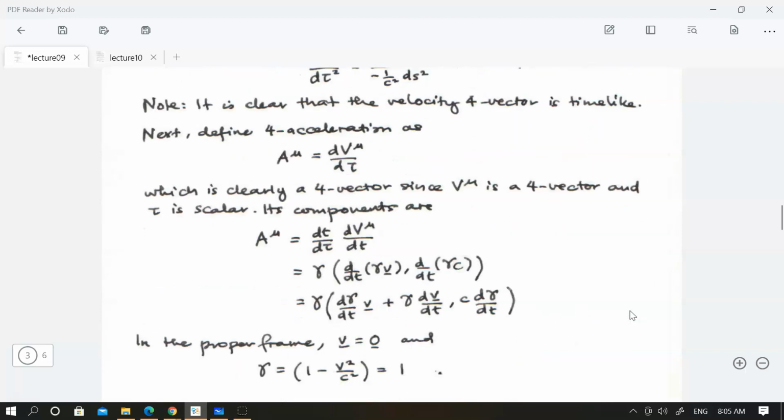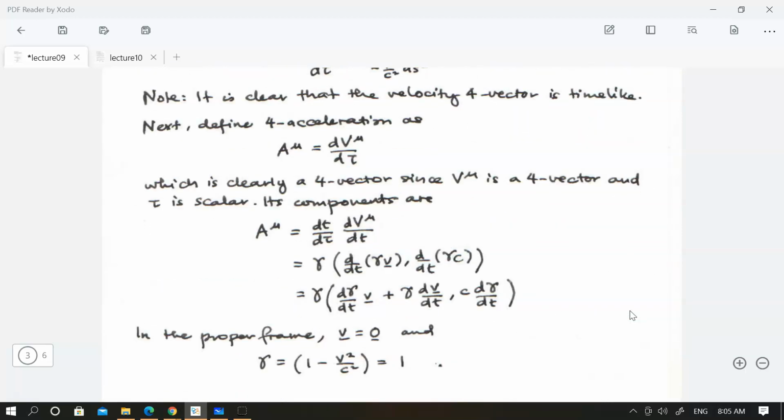And in the same way we defined the 4 acceleration by differentiating the 4 velocity again with respect to the proper time. The components are slightly more complicated than before, because we have the possibility of the relativistic factor depending on the time coordinate. So you have this part multiplying v, and then you have your ordinary acceleration multiplied by gamma.